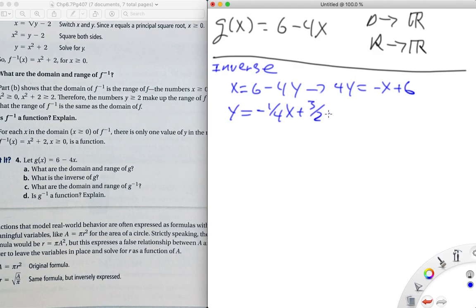And we can say that g inverse of x is equal to negative 1/4 x plus 3/2.